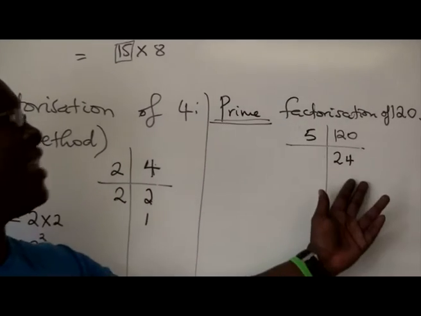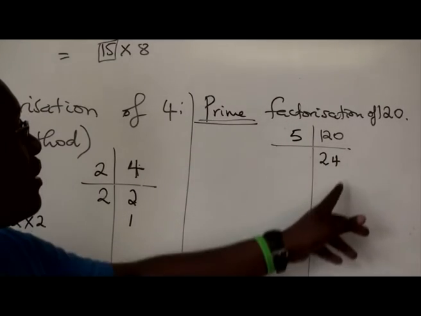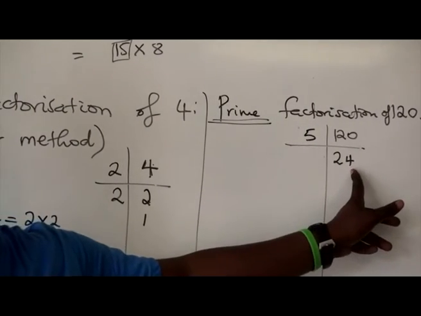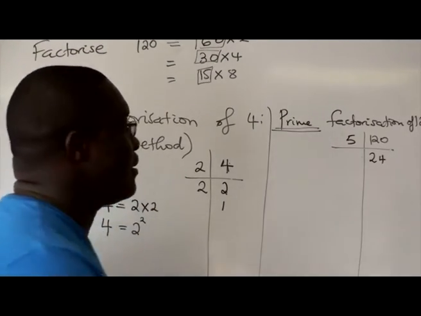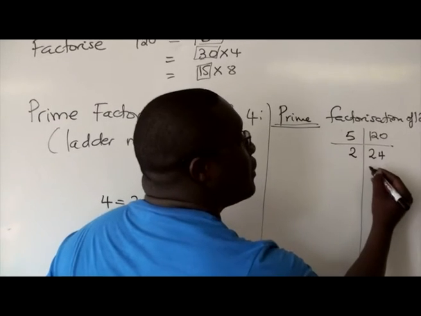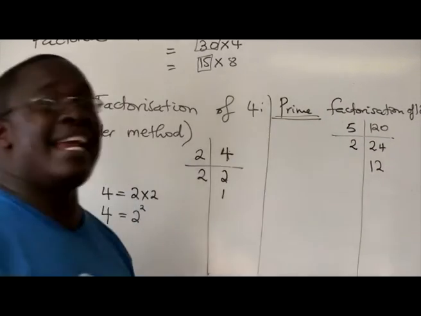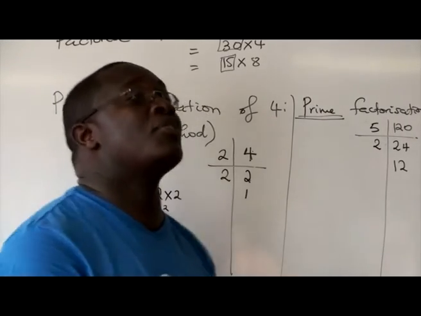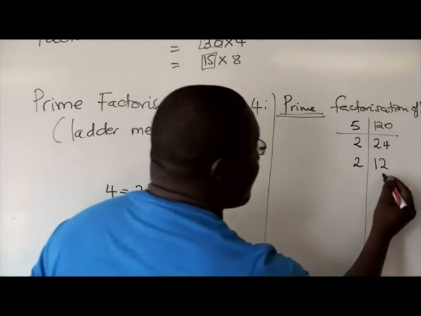Then, using the divisibility rules again, I know that 2 is a factor of 24 because the last digit is even. So I'm going to divide by 2, and it will give me 12. Again, the last digit is even, I know 2 can go into there. 2, and I get 6.